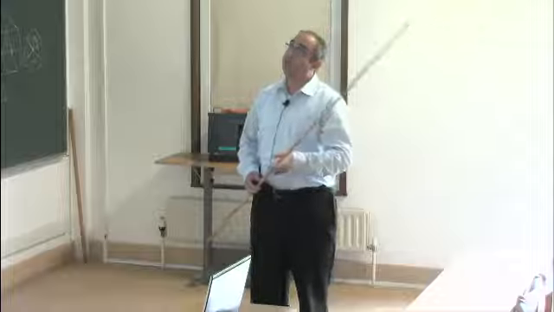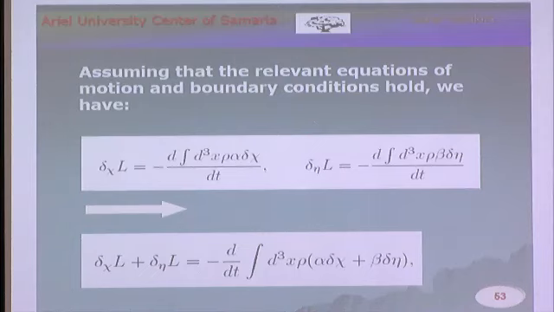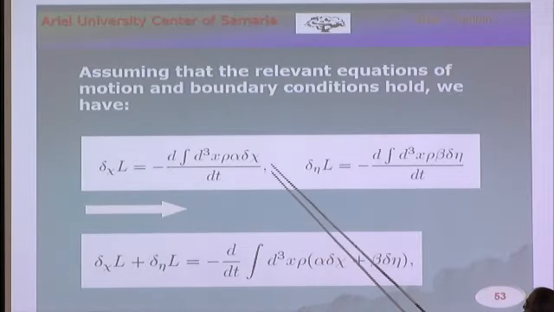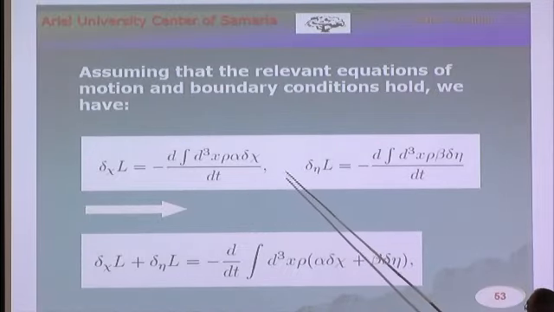Now, if you assume that the equations of motion hold and the boundary conditions hold, and you take this variation with respect to those chi and eta, you have the following variational derivative of the Lagrangian, which is, of course, a total time derivative of this quantity.